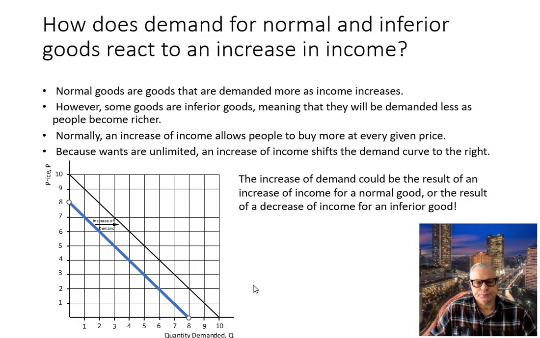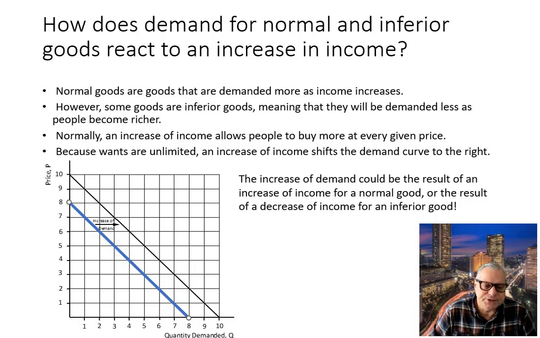Now we need to distinguish two kinds of goods. Let's say this is the price of a good like fancy restaurants. Let's say the price in a fancy restaurant for a meal is 6, so this is the current price.